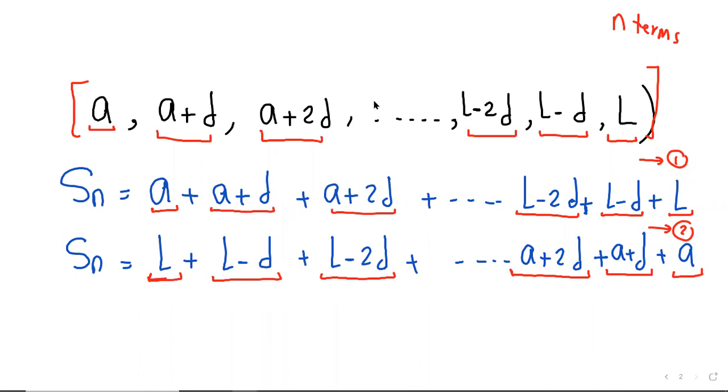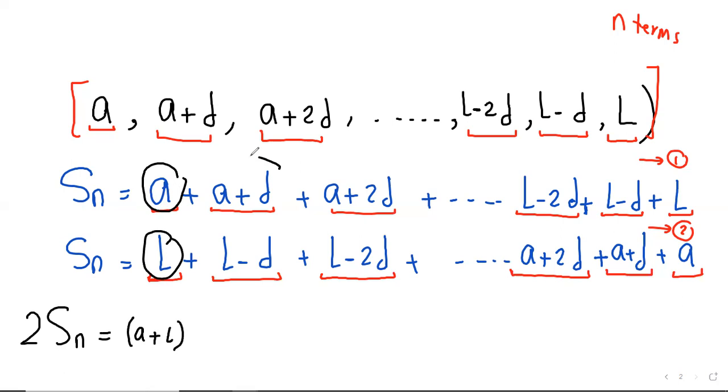We can add them. So Sn plus Sn is equal to 2Sn. That is the left-hand side, 2Sn, is equal to: add A to L, it will be A plus L. And add A plus D to L minus D. D and minus D cancel, so it will be A plus L again.